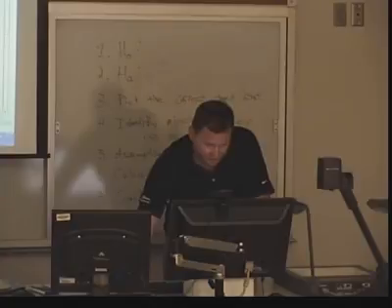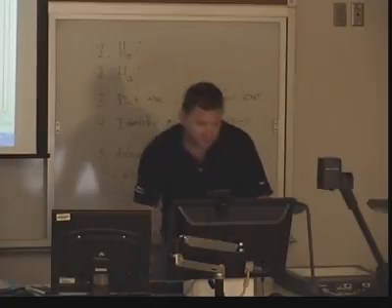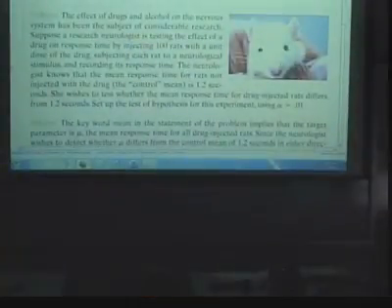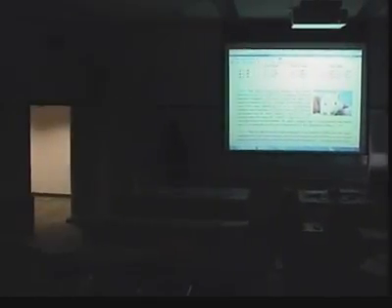The effect of drugs and alcohol on the nervous system has been the subject of considerable research. This is basically how they determined that 0.08 got you a DUI, because at that point it had a significant effect on the nervous system.